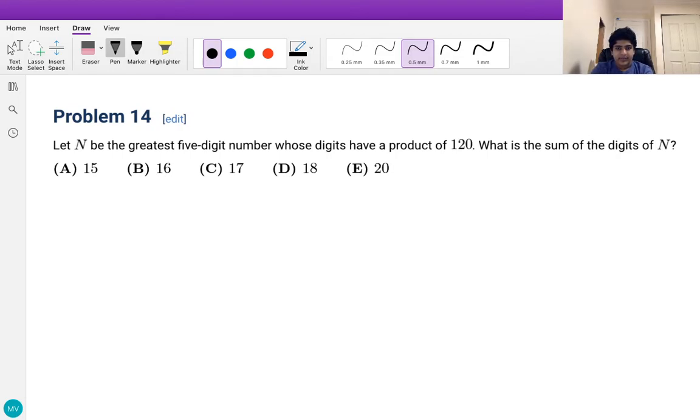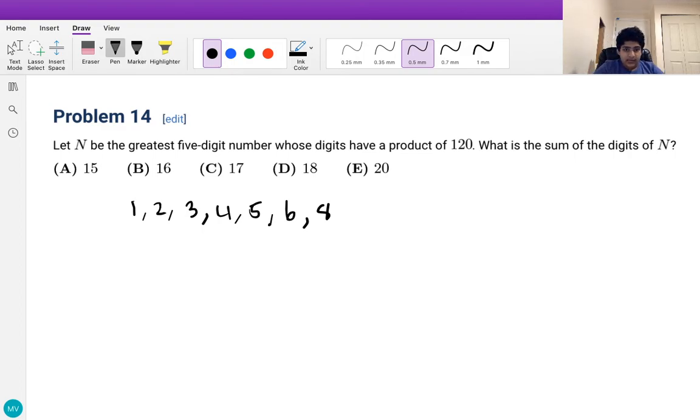So, let's first look at the factors of 120. We know that 120 is divisible by 1, 2, 3, 4, 5, 6, and 8. And these are just the single-digit numbers that divide 120 because we're looking at this by digit.